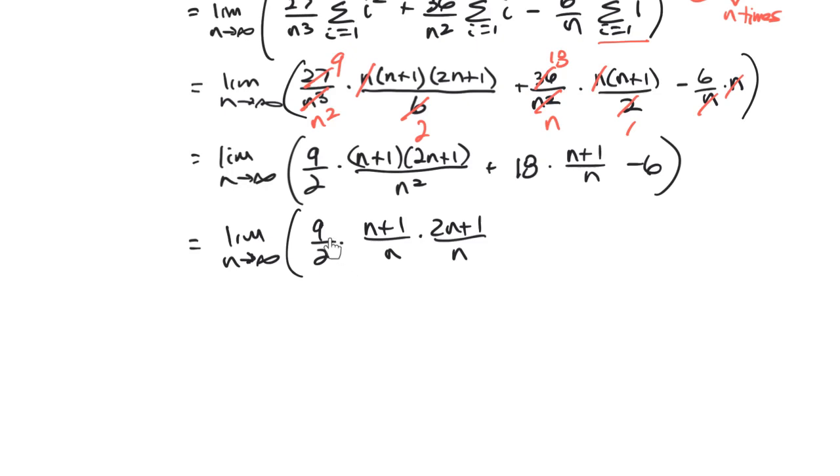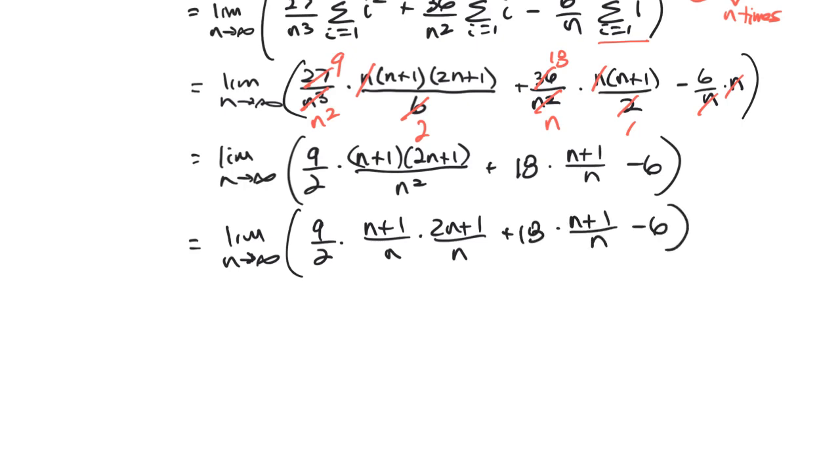Because when you multiply fractions, you go straight across. So this times this times this, this times this times this. 2n times n is n squared, right? So really this is equivalent. Then we get plus 18 times n plus 1 over n minus 6.